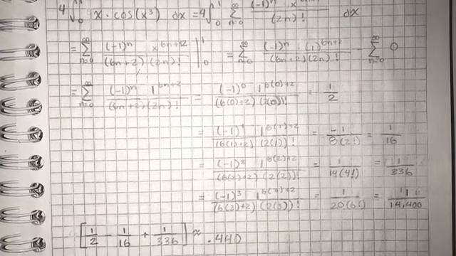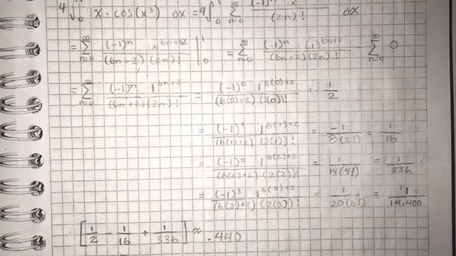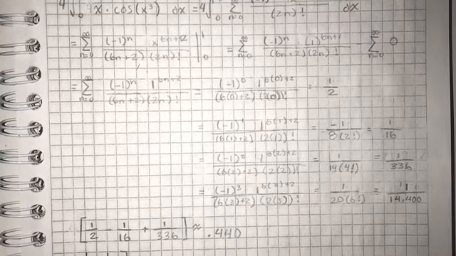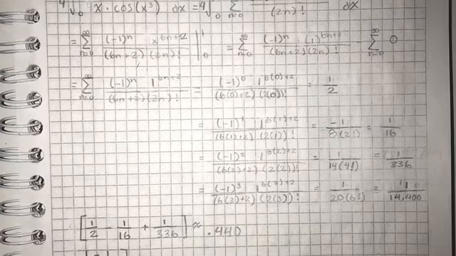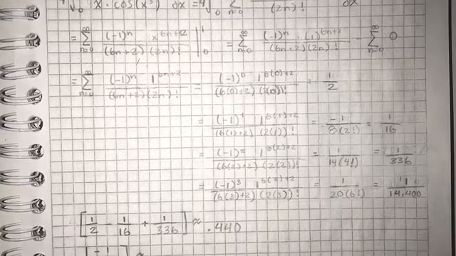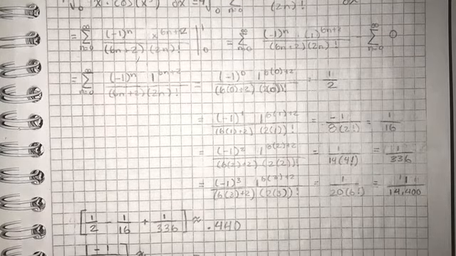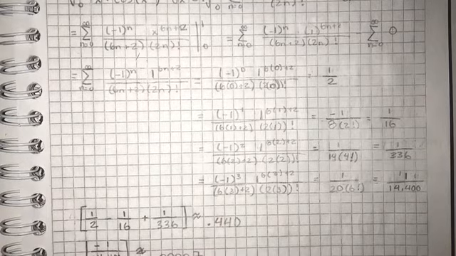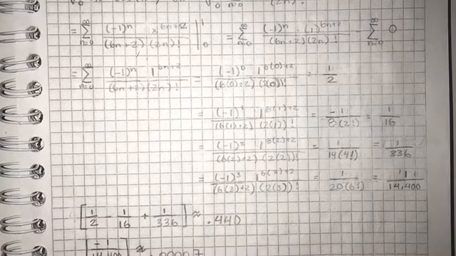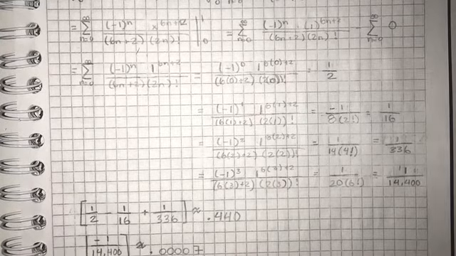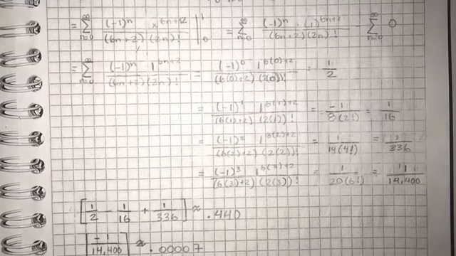After that, we can evaluate. When we evaluate at 1, we get the sum from n equals 0 to infinity of minus 1 to the n over 1 to the 6n plus 2 over 6n plus 2 times 2n factorial, minus the sum at 0. That's what's left when we substitute 0.